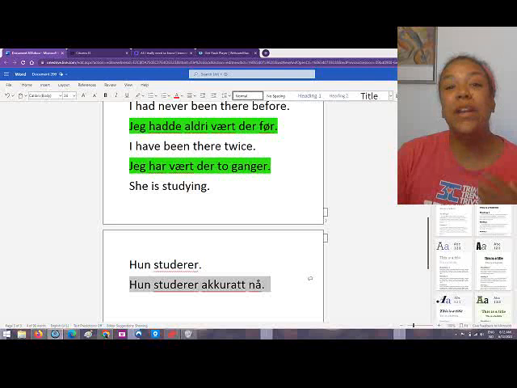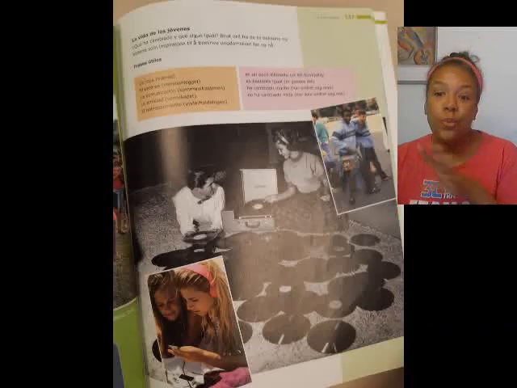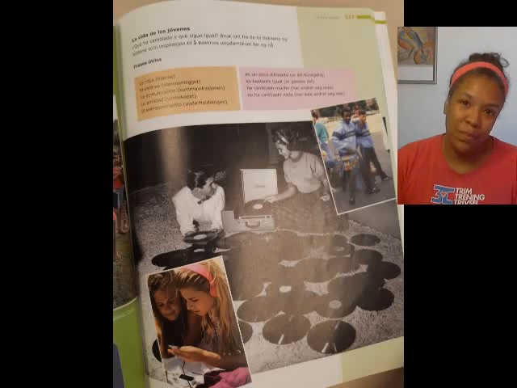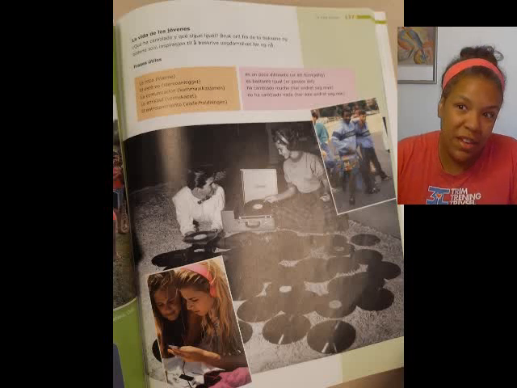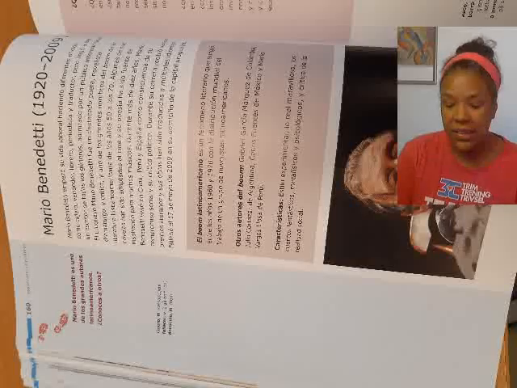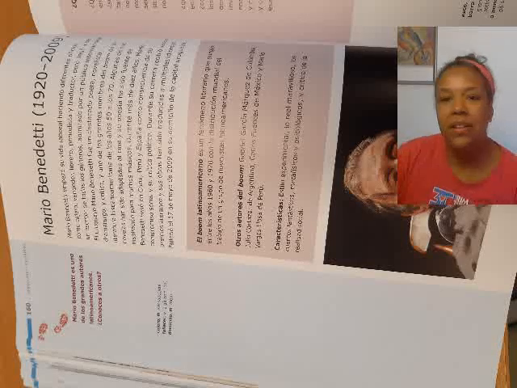Why? When I say she is studying, in Norwegian, you can translate it to the same thing as when I say she studies. But there is a difference, and I see a lot of Norwegians using it in the wrong way.